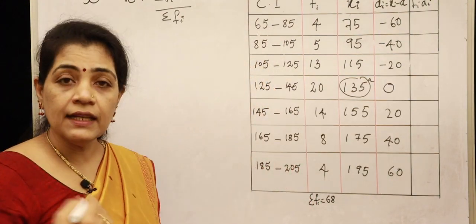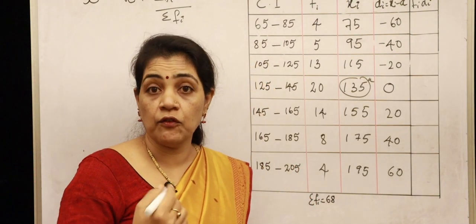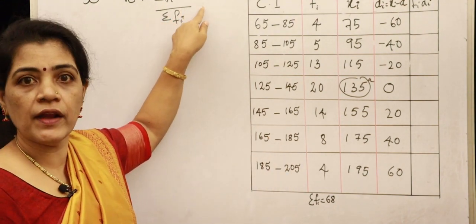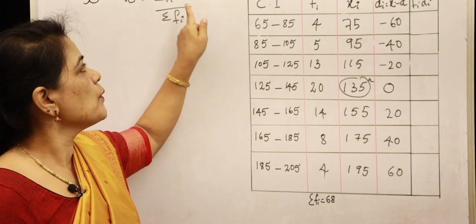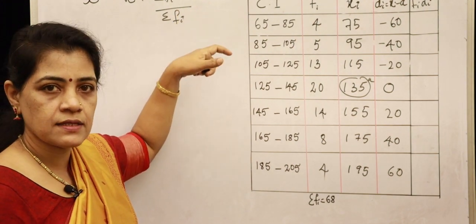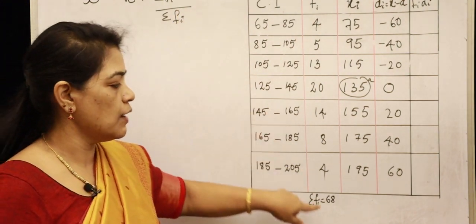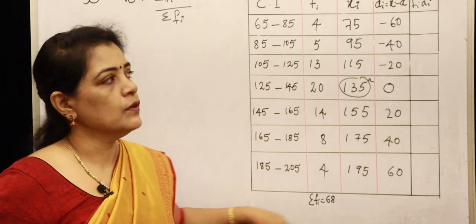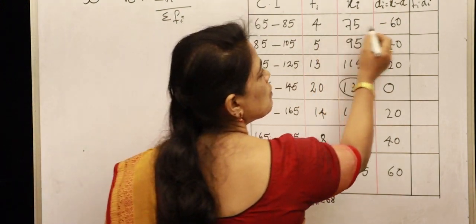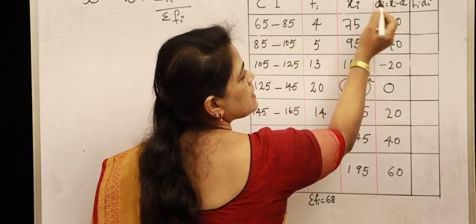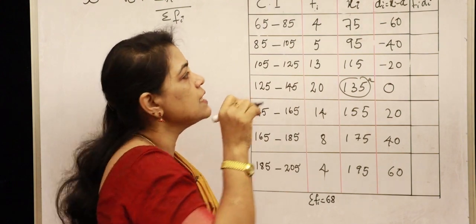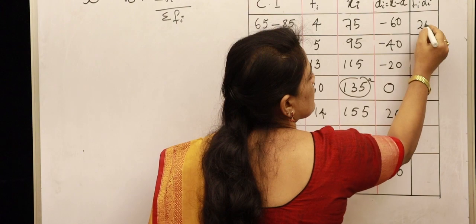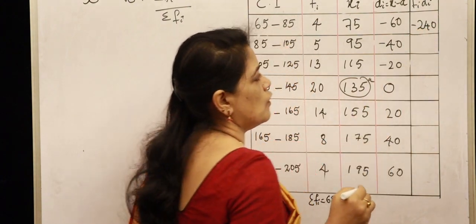And in the next step we have to find out fi into di, because here this formula is sigma fi di. So get the product of fi into di and get their sum, and that should be divided by sigma fi, the number of consumers, that is given as 68. So here we are going to multiply fi into its corresponding deviation. di is negative 60, that is 4 6 are 24 and 0, negative 240.